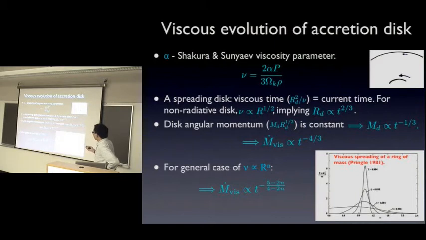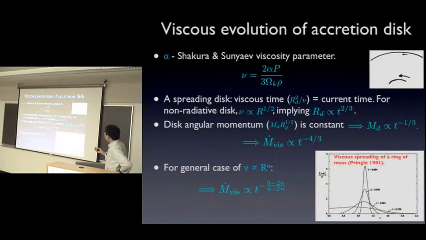If the kinematic viscosity is a power-law function of the radius, and if you know the power-law index of the kinematic viscosity dependence on radius, then from those two pieces of information you can infer how the viscous spreading accretion rate should evolve.